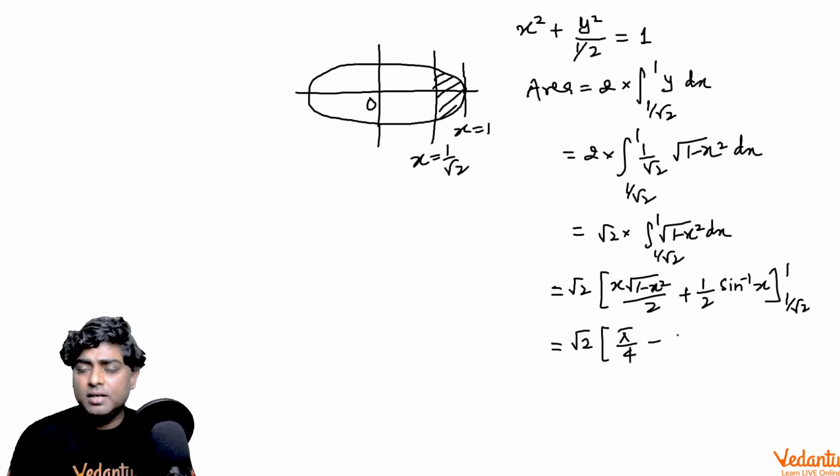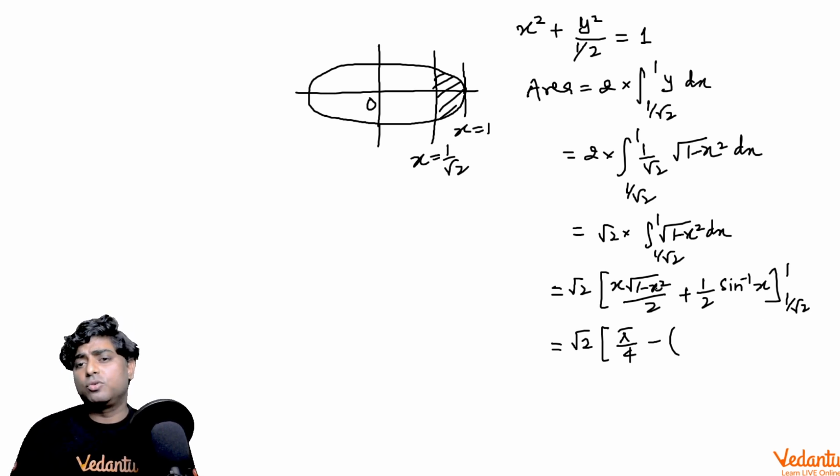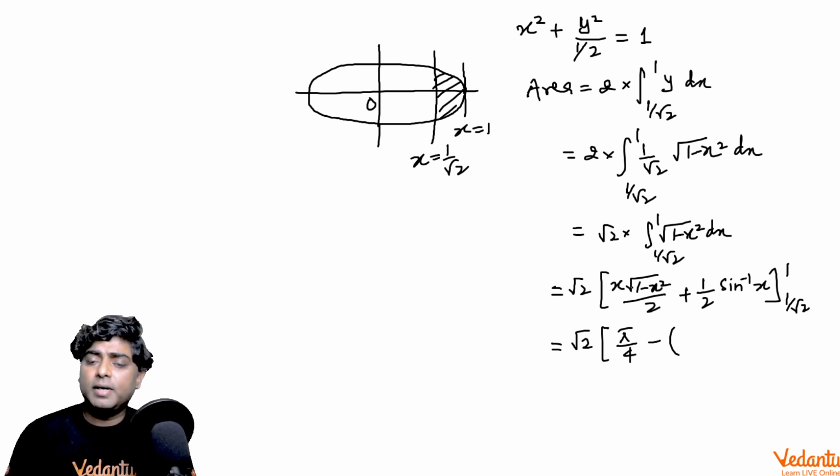And minus, with the minus sign, when we put x equal to 1 by root 2, you will get 1 by root 2 into under root of 1 minus 1 by 2, that is 1 by root 2 again, so 1 by 2 into 1 by root 2 into 1 by root 2, that is 1 by 4, plus sine inverse 1 by root 2, which is pi by 4, so we are getting pi by 8 over here.